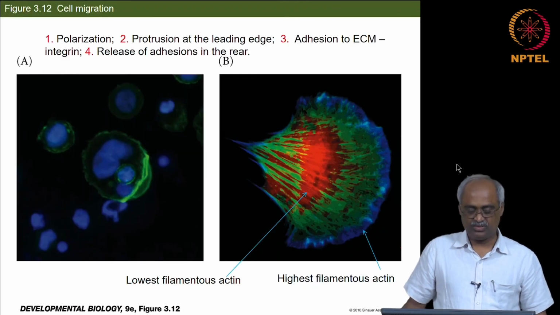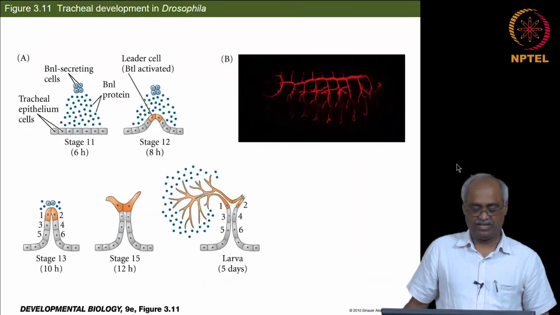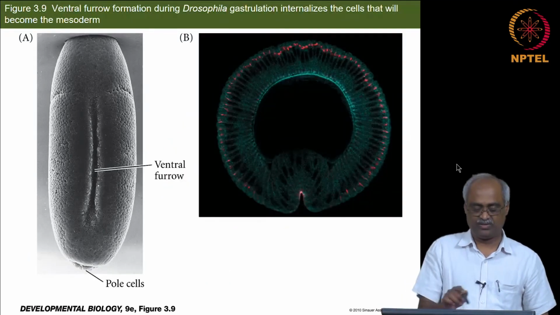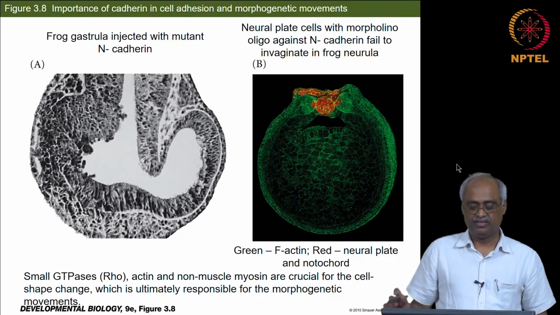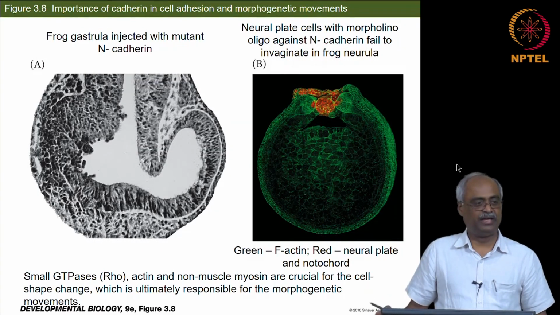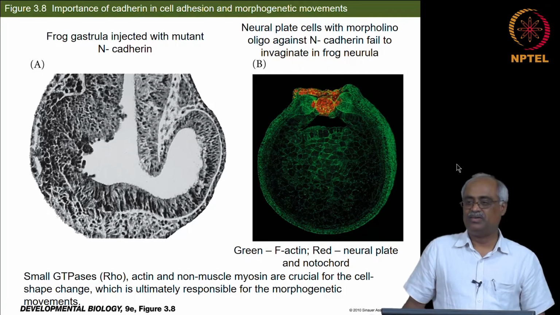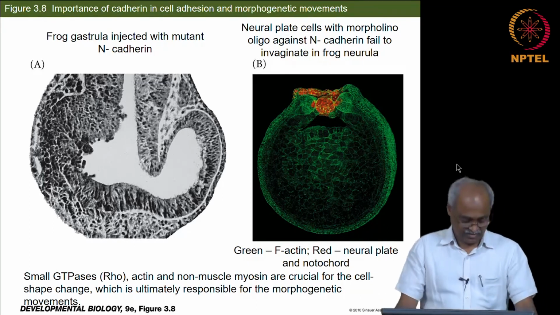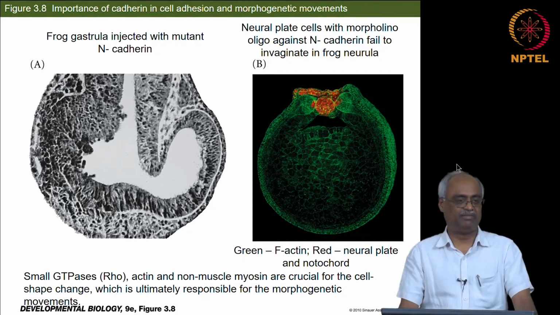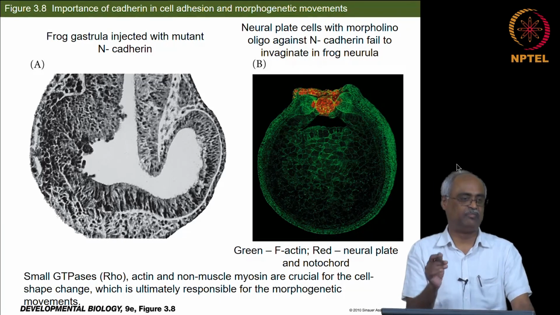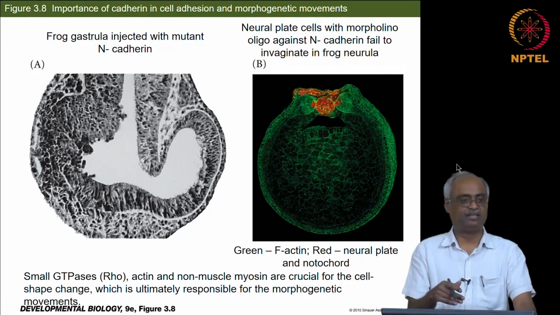So, these migrations as well as what we saw in this particular context, this Rho GTPase and actin, are what is crucial for morphogenetic movements. The main message is that these do not really involve a variety of molecules. Simply by changing the expression levels of different cadherins, you can have one cell type, as we saw in the epidermis and neural plate cells.